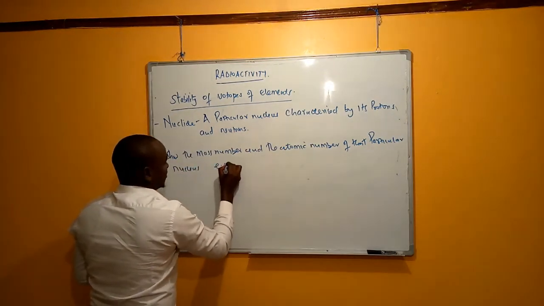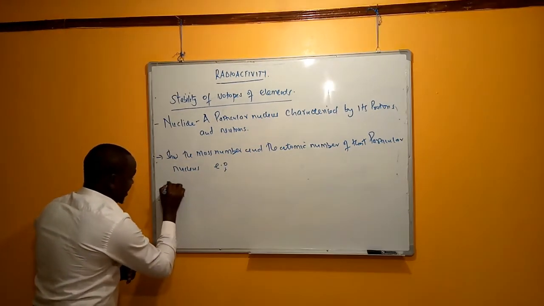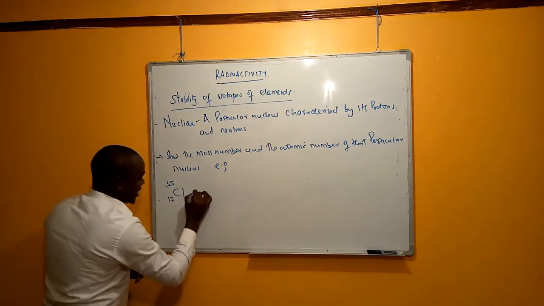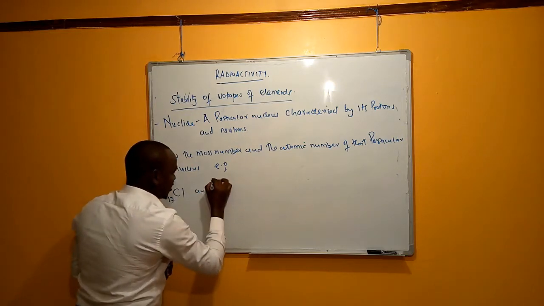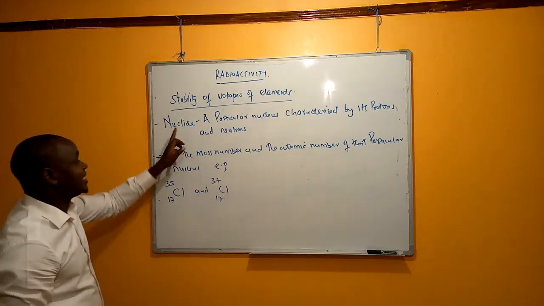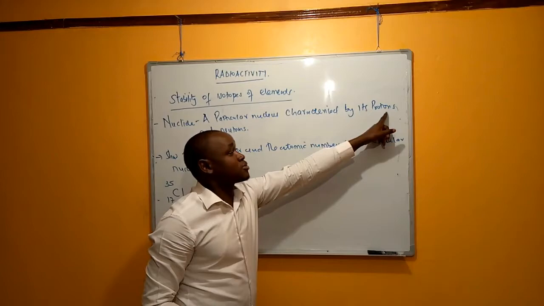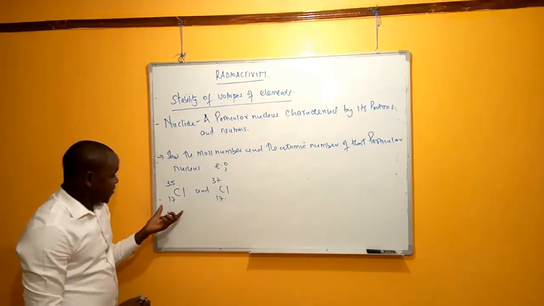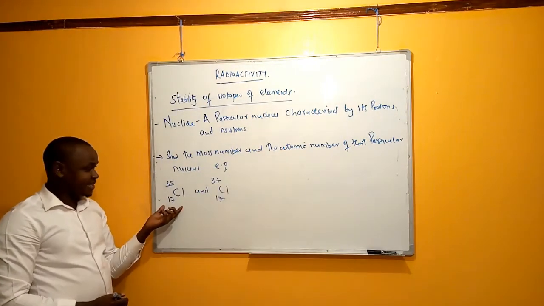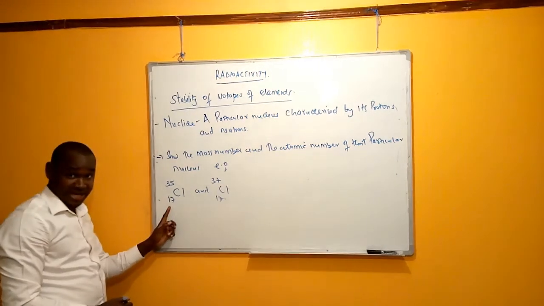So, for example, look at chlorine-35 (atomic number 17) and chlorine-37 (atomic number 17). We have defined a nuclide as a particular nucleus characterized by its protons and neutrons. From this specific nuclide, we can see the mass number and the atomic number.